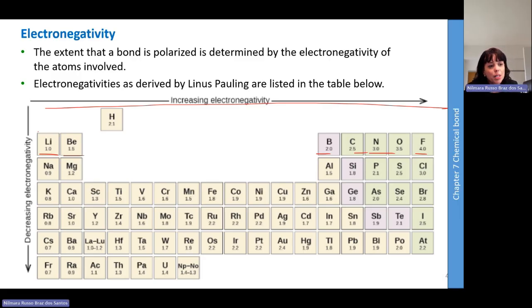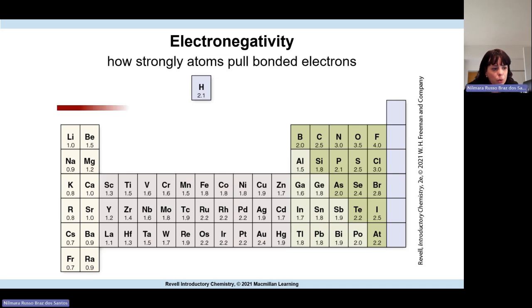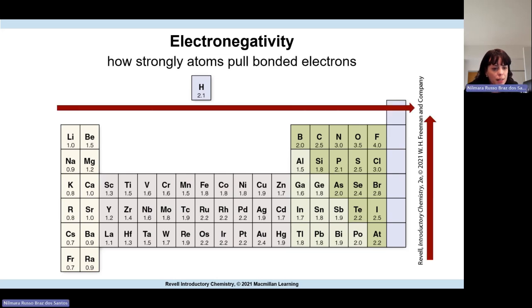So the extent that a bond is polarized is determined by the electronegativity of the atoms, how they attract the electrons for themselves. Okay? It's really important to remember that electronegativity is a measure of how strongly atoms pull bonded electrons. So it increases left to right or down to up.